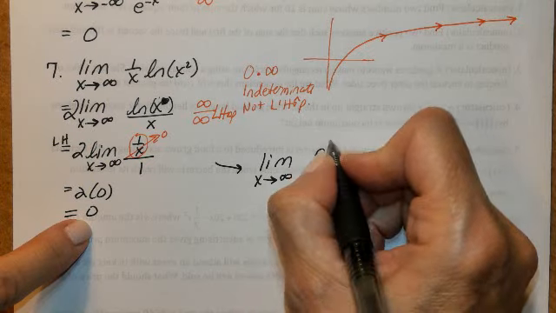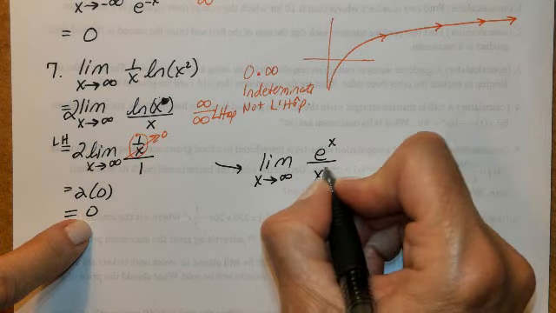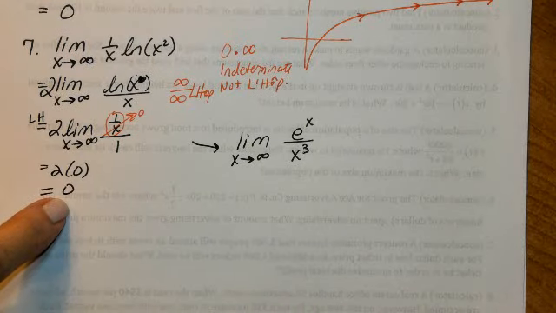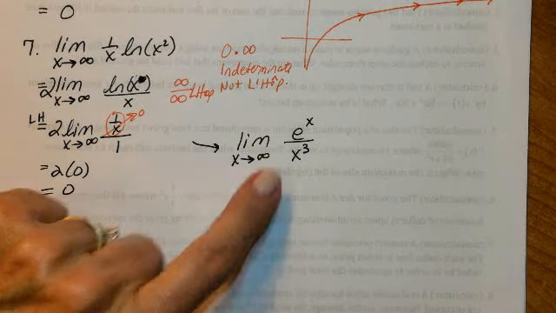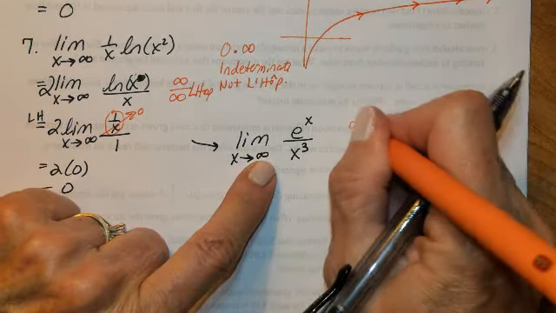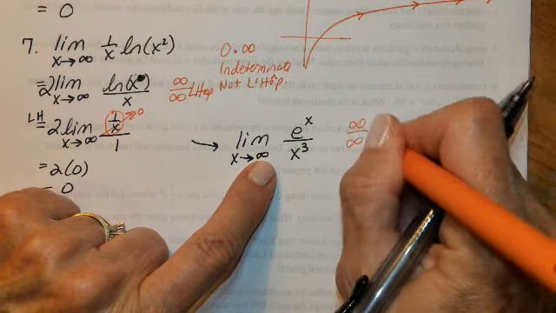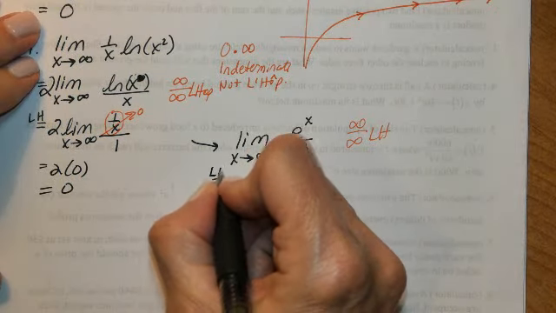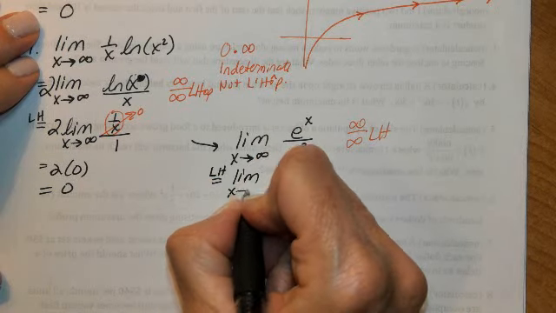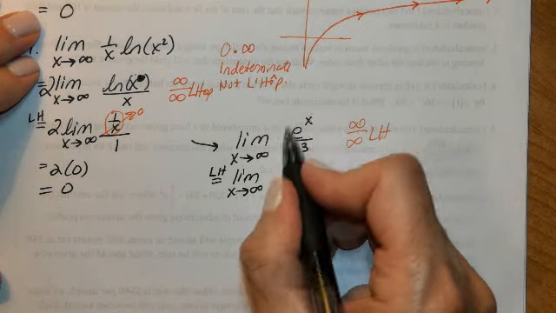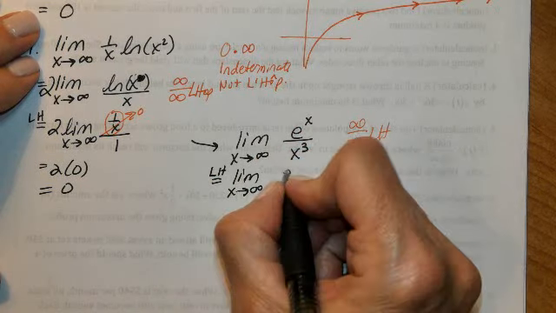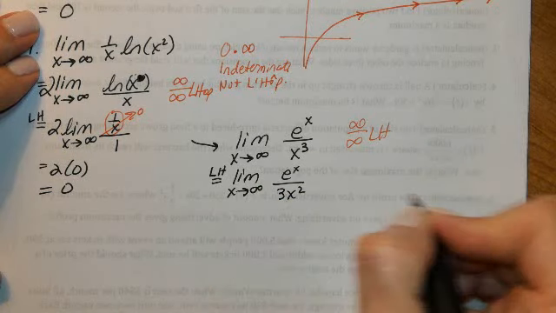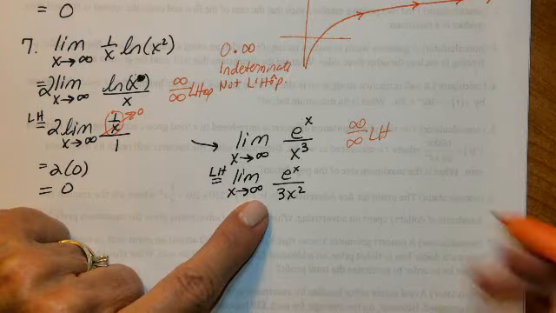What about this? If I just plug in infinity, I get infinity over infinity. That's L'Hopital's. So use L'Hopital's. What's the derivative of e to the x? e to the x. The derivative of x cubed, 3x squared. Plug in infinity.